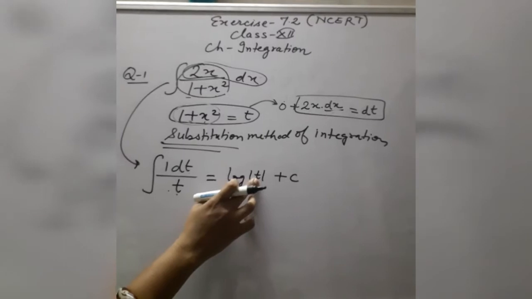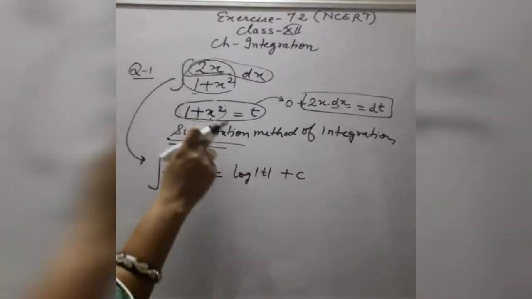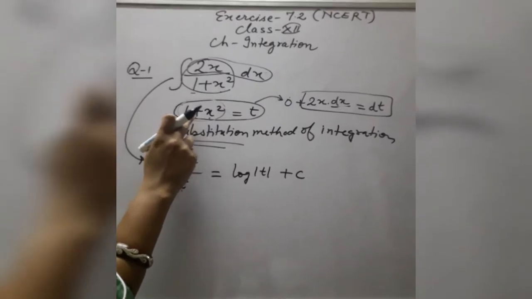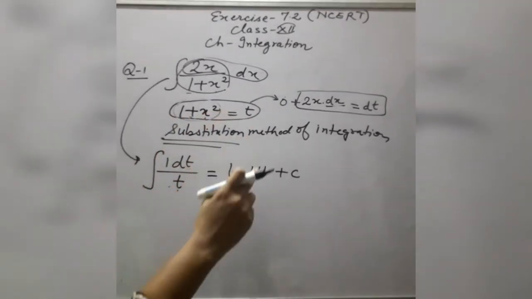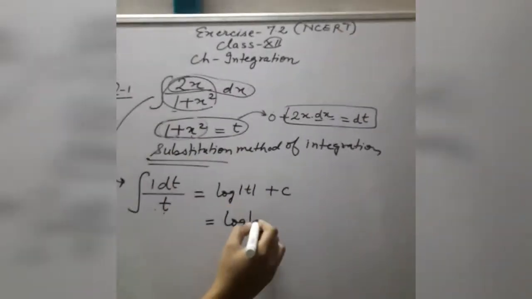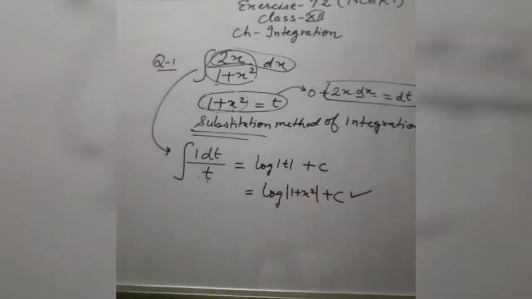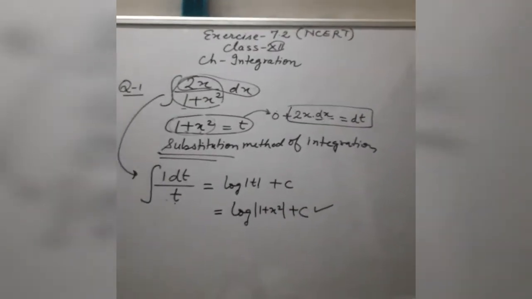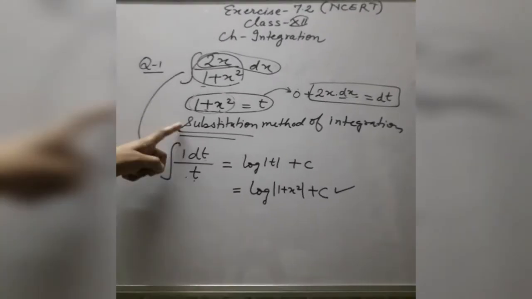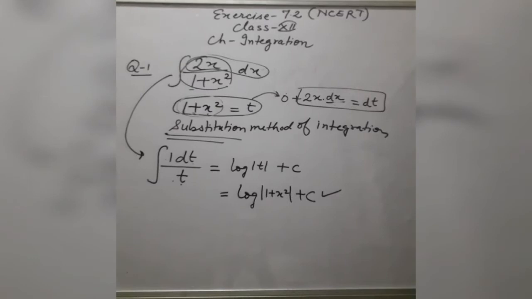So again replace t with its value. We have taken 1 plus x square is equal to t, so in place of t write log of 1 plus x square plus c. This is the answer in terms of x. This is known as the substitution method of integration. In the complete exercise we will use this method.